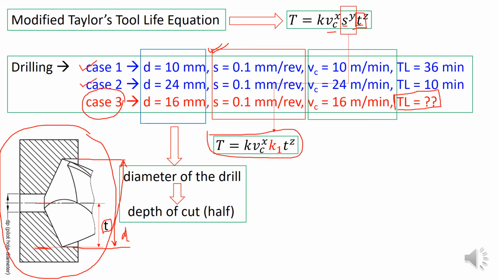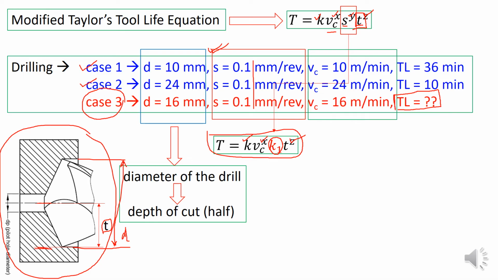So instead of 4 unknowns, you have 3 unknowns. S to the power y becomes a constant because feed is constant for the given data as well as for the case where you have been asked to solve it.